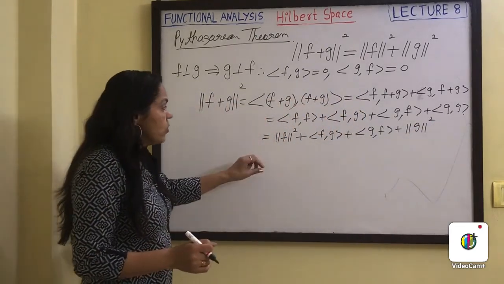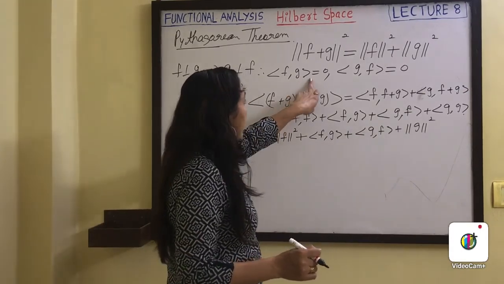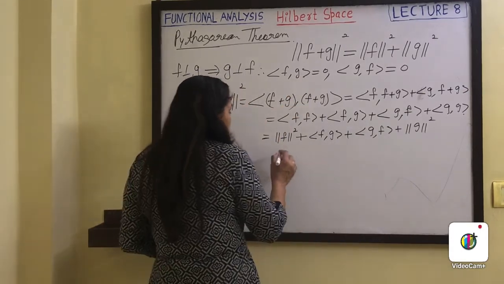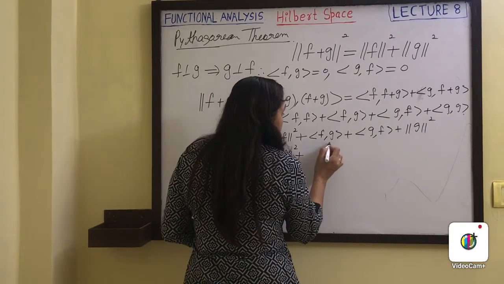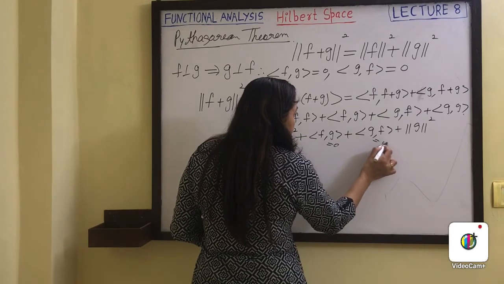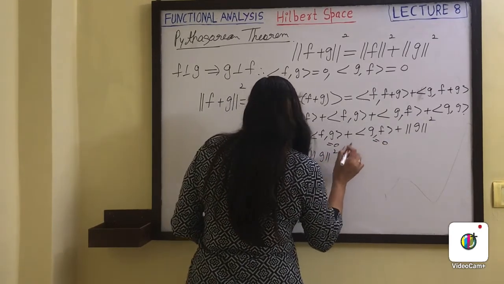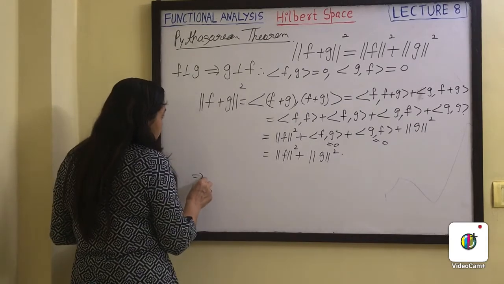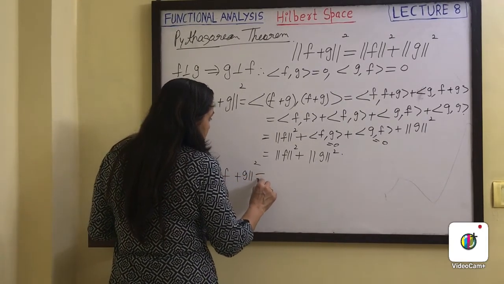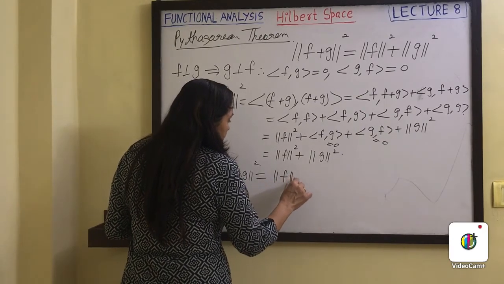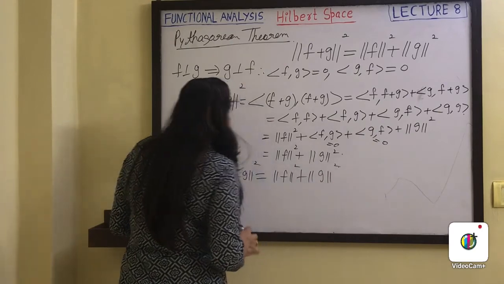Now we know that these two values are equal to 0, therefore norm f square plus norm of g square. So we have proved that norm of f plus g square is equal to norm f square plus norm g square.